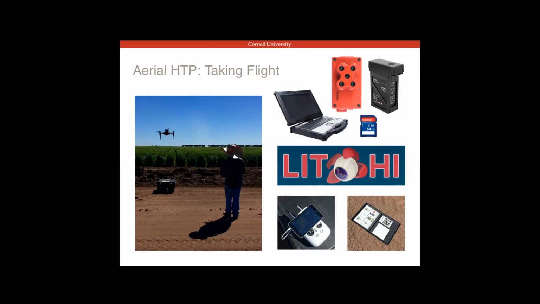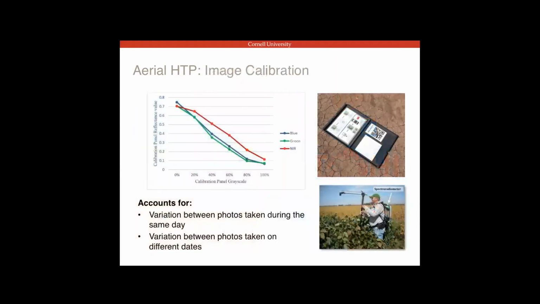Before every takeoff, we also take images of a calibration panel. Calibrating the images is really important because atmospheric conditions on the day of the flight can affect the amount of light that's captured by the sensor. So what we do is we measure the true values of the calibration panel with a spectroradiometer and then compare those to values taken on the day of the flight and create a model that will calibrate all of the images prior to stitching.